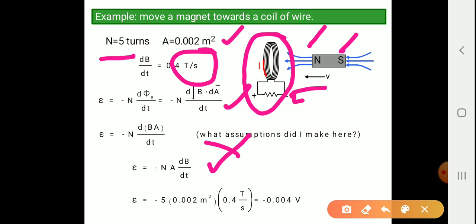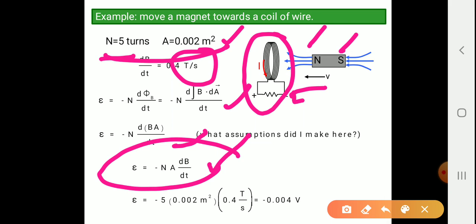Substituting the values of N and A, we calculate this value to be 0.004 volts.